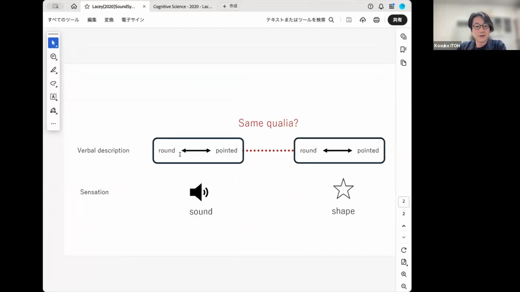So we have a roundedness or pointedness qualia for sound, and we also have roundedness and pointedness qualia for shape. My question is whether these qualia can be considered the same.